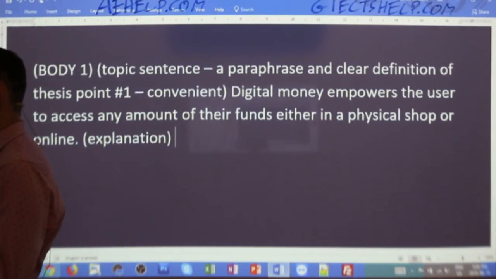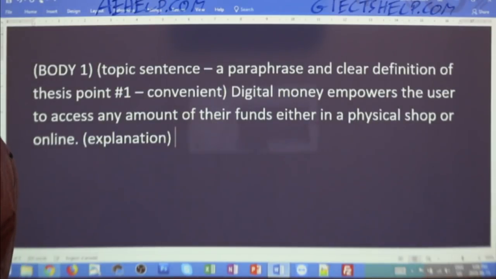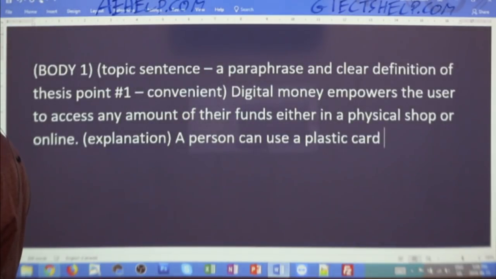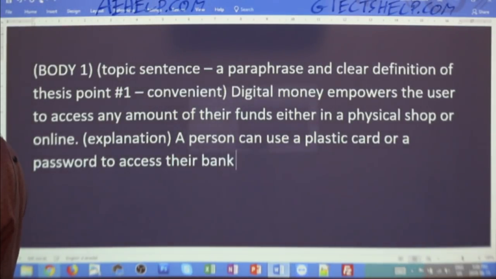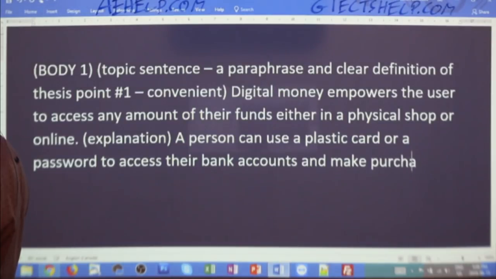All right, so the explanation: a person can use a plastic card or a password to access their bank accounts and make purchases for desired services or products, right?